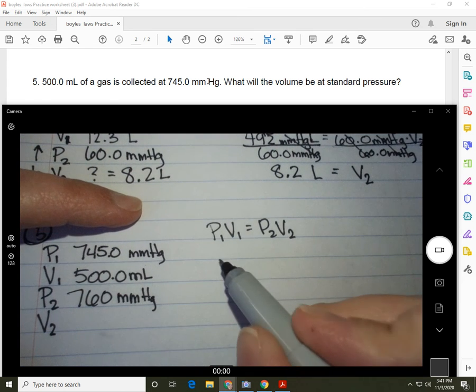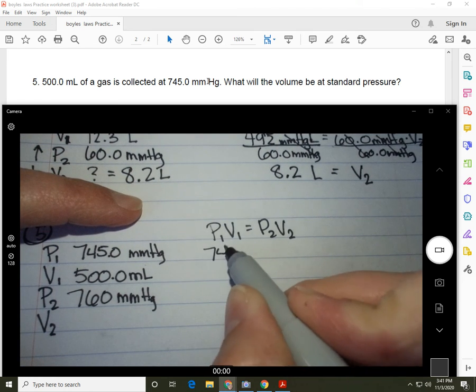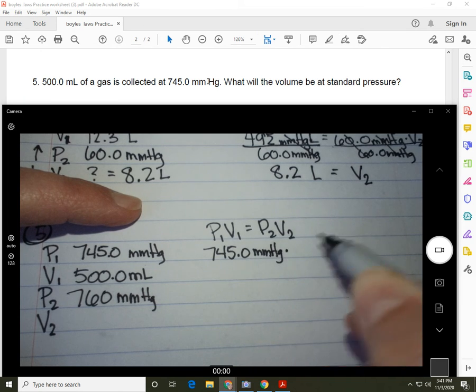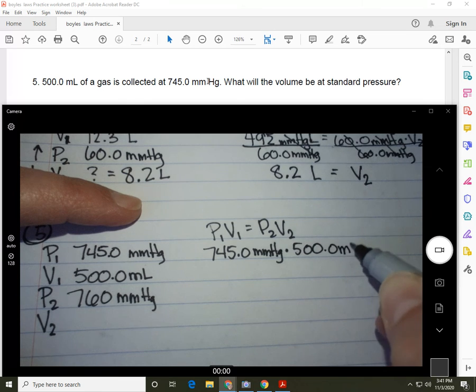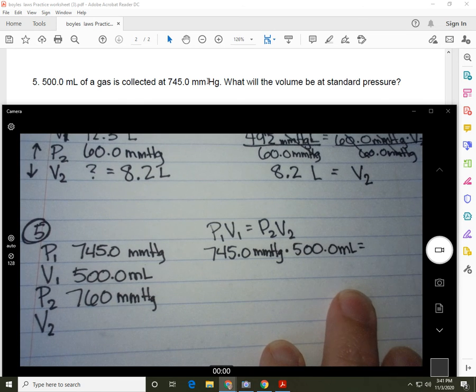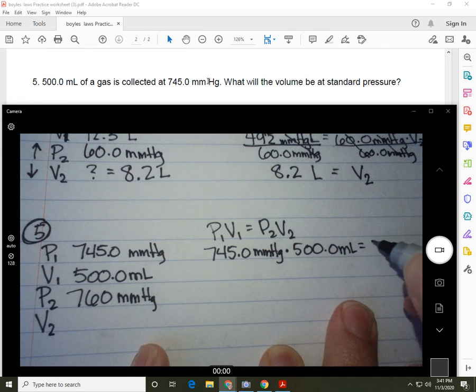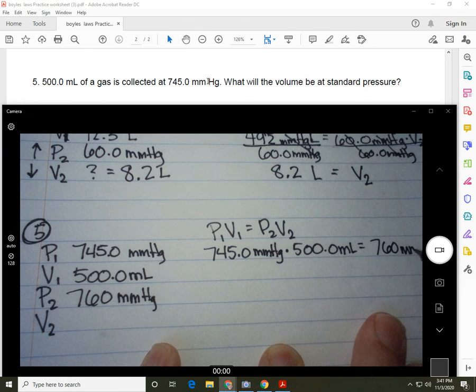Okay. So P1 is 745.0 millimeters of mercury times 500, which is V1, milliliters, equals pressure 2, 760 millimeters of mercury, times V2.